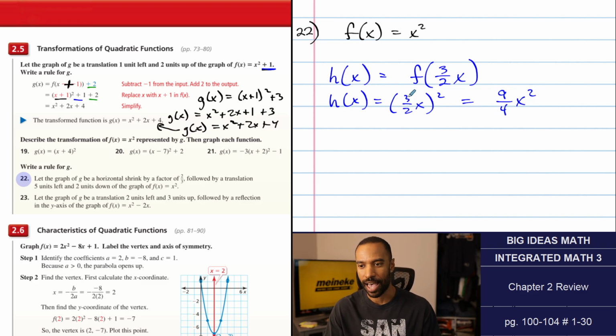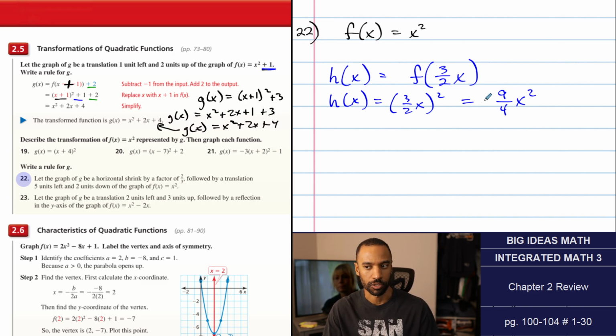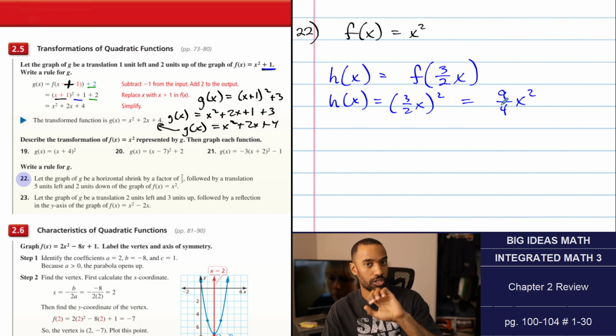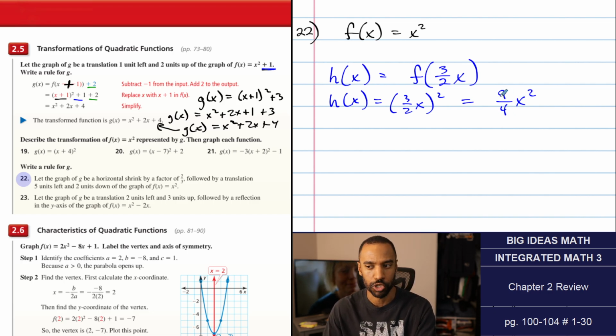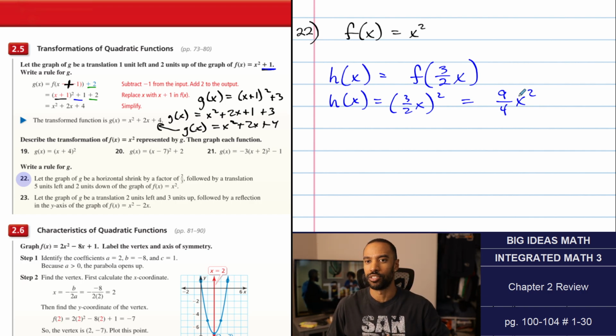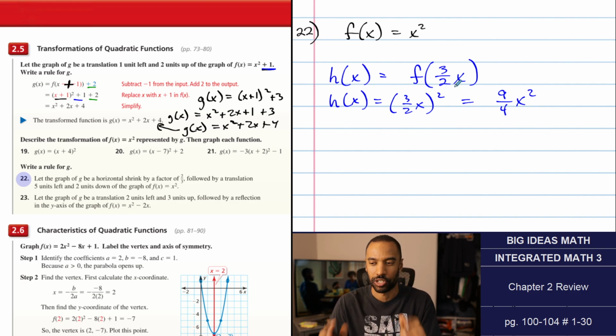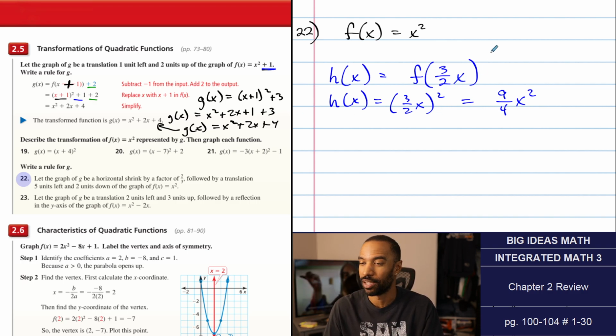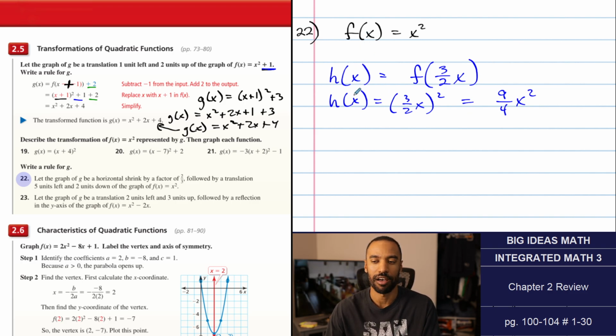What was inside of this representing horizontal shrink is now outside of it because it's not in parentheses anymore. 9/4 is multiplying by x squared. So this is now a vertical stretch by a factor of 9/4, 2.25 times taller than it was instead of just 2/3 times smaller in this direction. They both mean the same thing, but that's how I'm writing it. So that's a simplification of that portion.